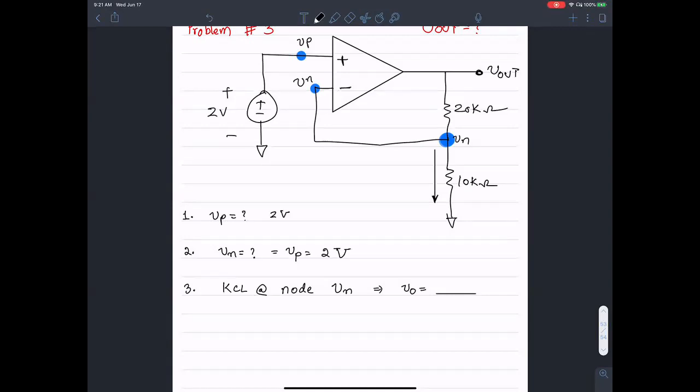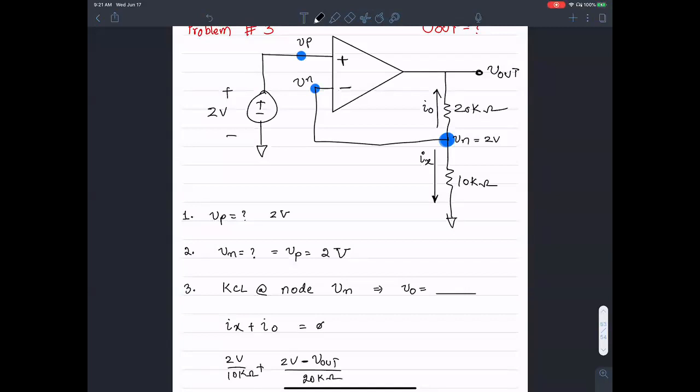Now let's apply KCL at node VN. I want to call this IX and I'll call this IO. So IX plus IO should sum to 0. IX is what? VN, which is 2 volts, minus 0 over 10K, plus 2 volts minus V output over 20K.